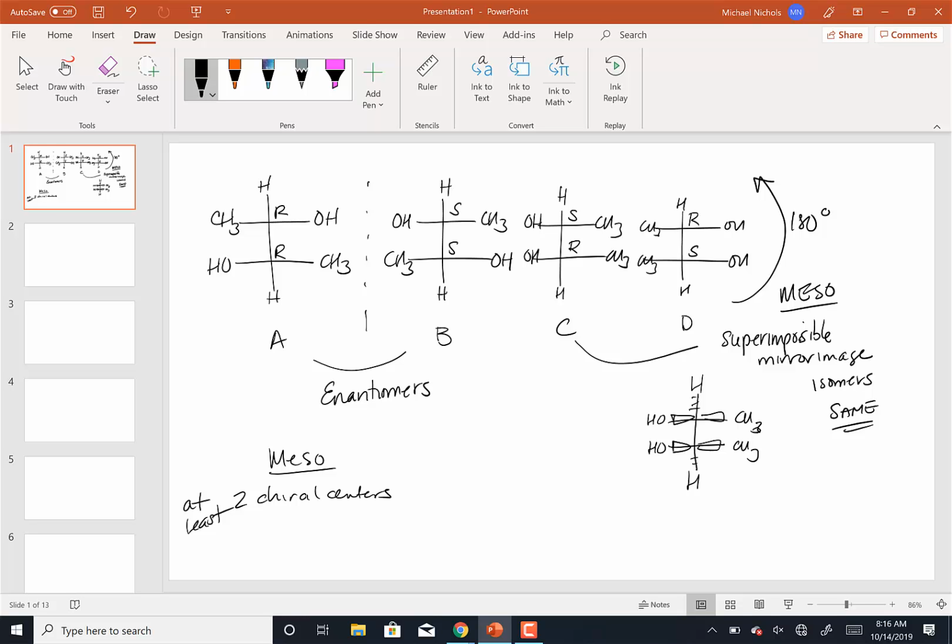It has to be superimposable on its mirror image, but another characteristic of it is that the molecule needs to have what's called an internal mirror plane of symmetry.